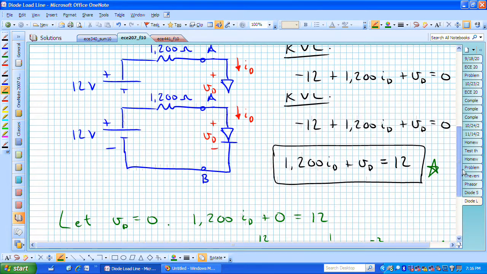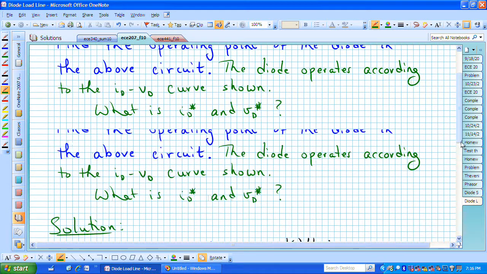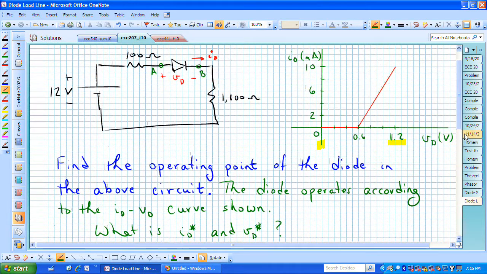We now have one point identified on this graph. For a voltage V sub D of 0, we have a current of 10 milliamps that flows.